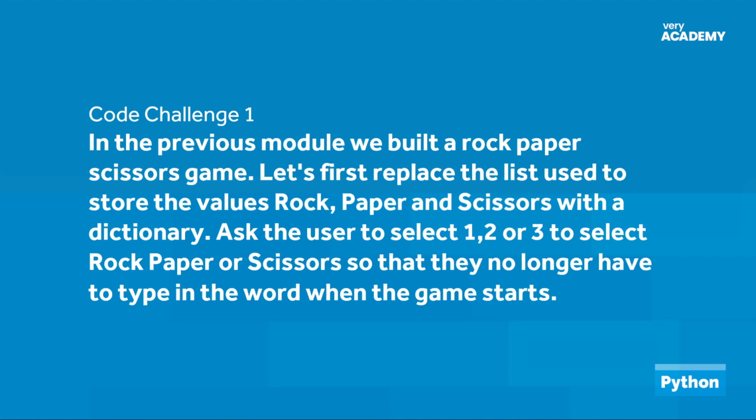If you do have a problem, let me give you a hint. That's because we're not using a list. Remember with a list, when we select a random item, we can just select from the index 0, 1, or 2. That's rock, paper, or scissors. Here we don't have that set up because we're using key values.